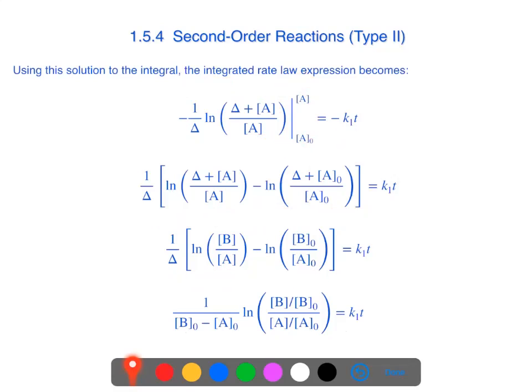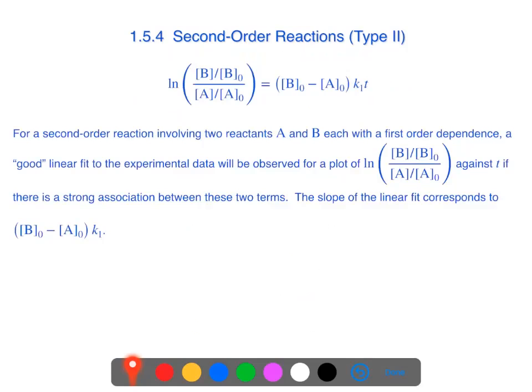And then this can further be rearranged by substituting back in for delta, which was the initial concentration of B minus the initial concentration of A. And so this here is the solution for the integrated rate law for a second-order reaction type 2. Again, with a slight rearrangement, we end up with our integrated rate law for second order reaction type 2.